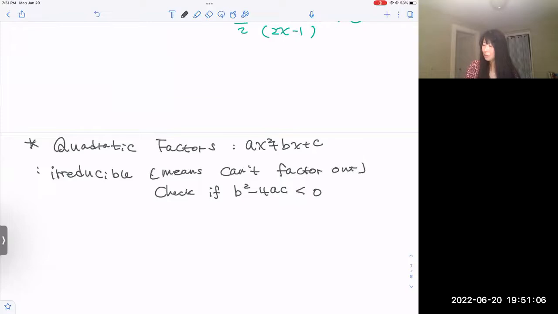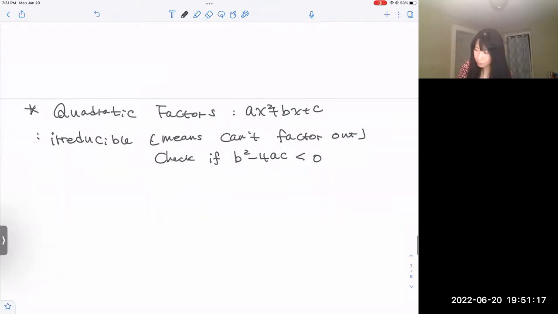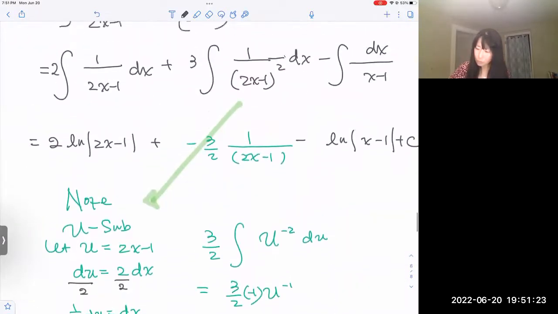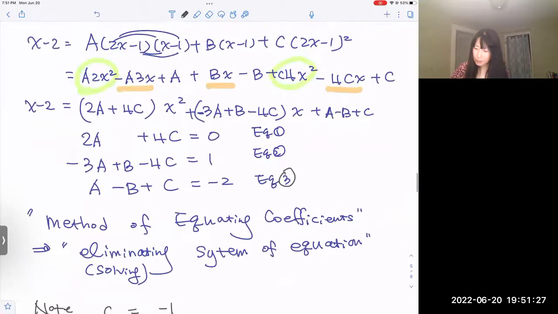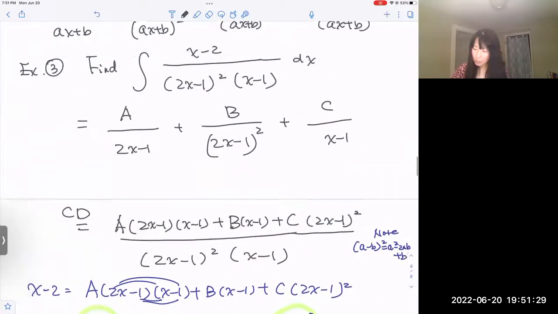B squared minus 4ac less than 0, then we say that it is irreducible. Irreducible means we cannot factor out. All right, so let us do this one. What number is this one? 4.